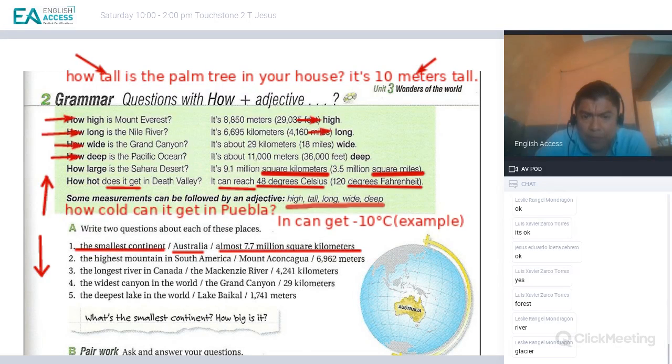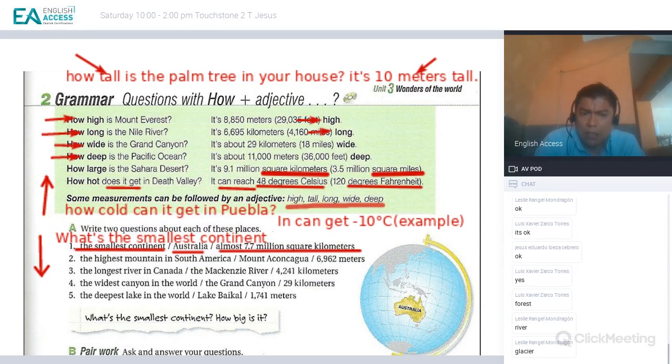So I will have the example. The smallest continent. What is question number 1? What's the smallest continent? Like that?